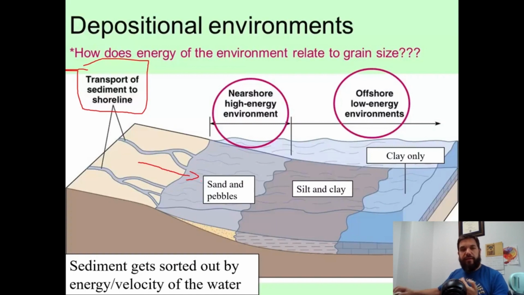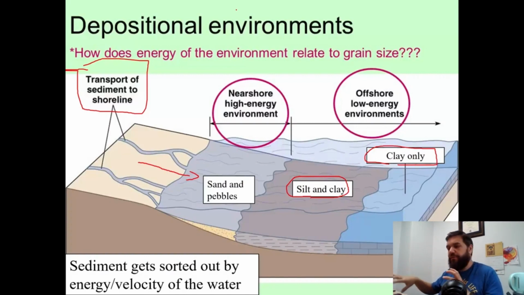That's what you usually find at the beach, right? Now, if you were to go really far off the coast, into the deep water, you would not find sand anymore. You'd find things like silt and clay. And in really deep water, you get clay only.